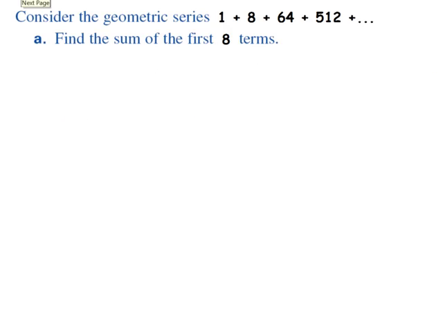Okay, so consider the geometric sequence of 1, 8, 64, and so on. Again, I need the first number. I need the common number that we're multiplying by over and over. And we're trying to find the sum of the first 8.